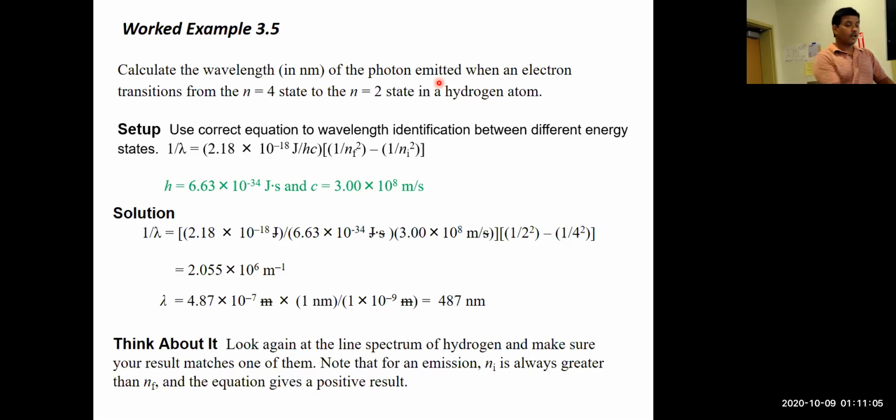Okay? You are clear about that. If you make clear notes about it, you will avoid a lot of frustration and a lot of mistakes. So when you plug in those correctly and calculate, the lambda happens to be 487 nanometers, which falls under the visible spectrum range that we saw previously.